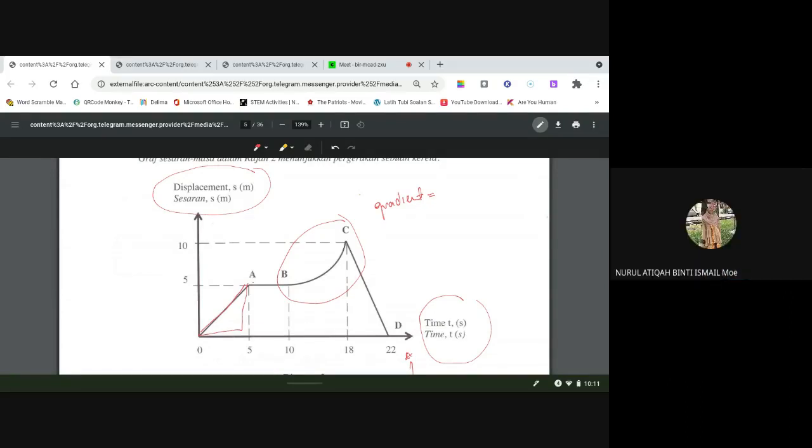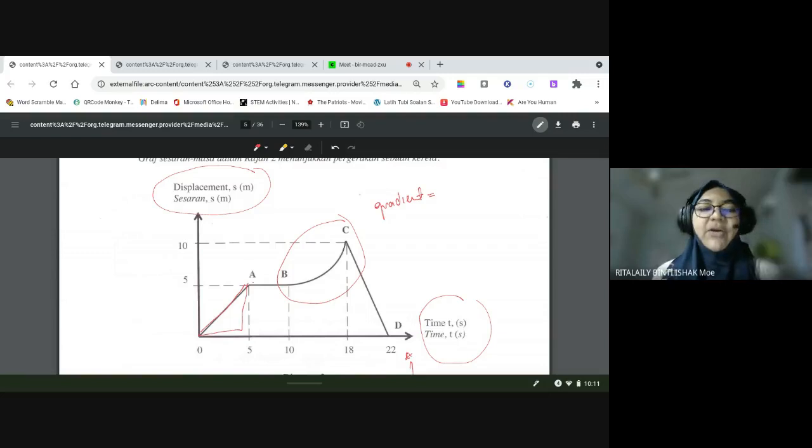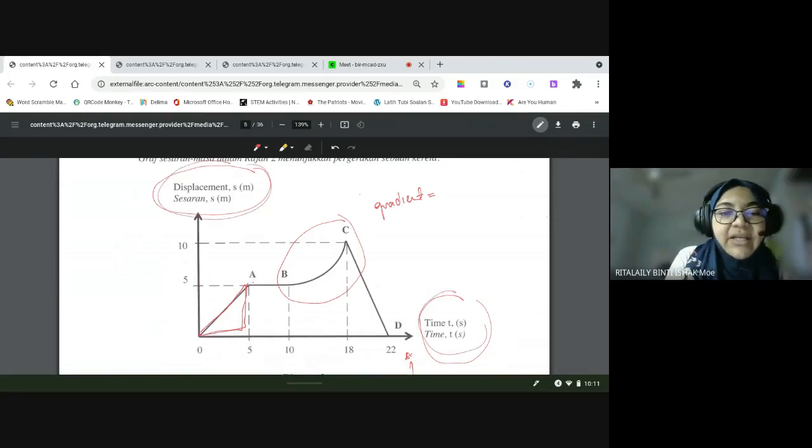Constant velocity. Okay, constant velocity sebab dia hanya ada satu gradient. Okay, constant acceleration bukan, just ini constant velocity. Okay, kenapa? Sebab dia displacement against time graph. So kalau kita cari gradient, displacement divided by time. So S over T equals to V.